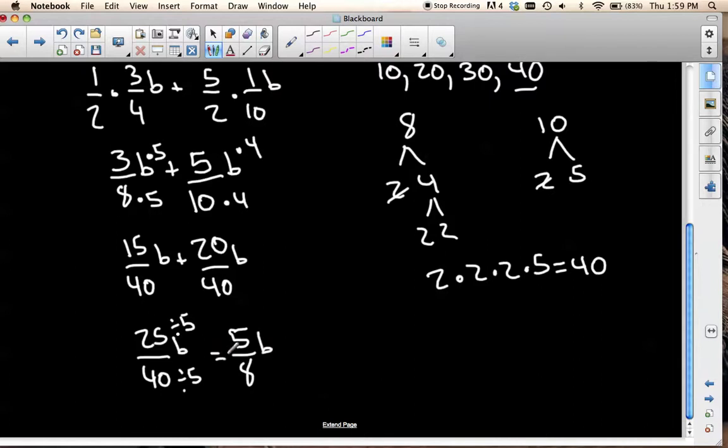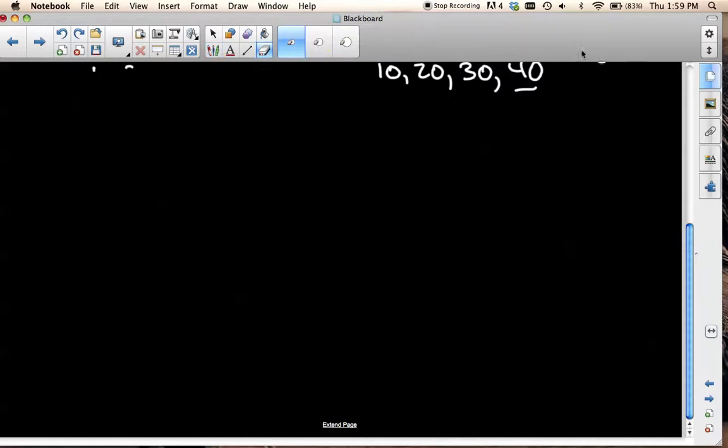This is if you just want to multiply monomials, whether they're fractions or just regular monomial problems. That's it. Now if we're looking at dividing, we want to look at dividing monomials by a constant.